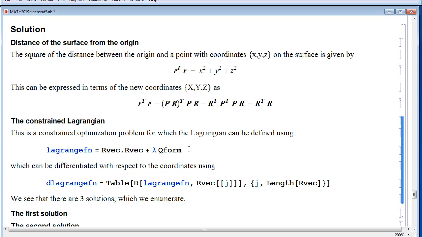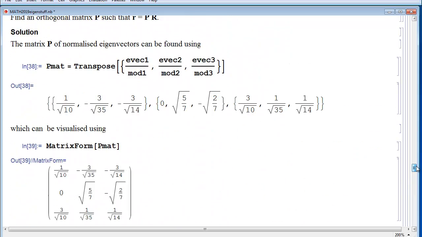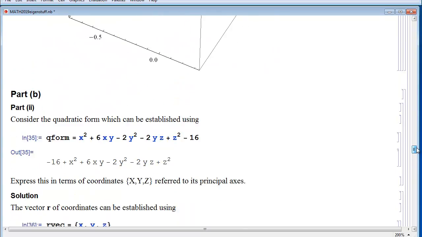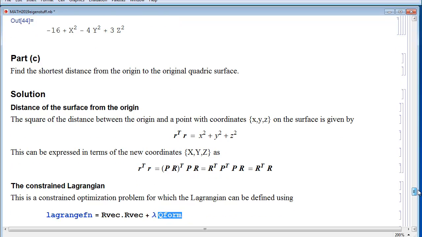So now what we really have now is a constrained optimization problem. So our objective function is the square of the distance, and that has to be done such that the quadratic form, which is back here somewhere, is 0.